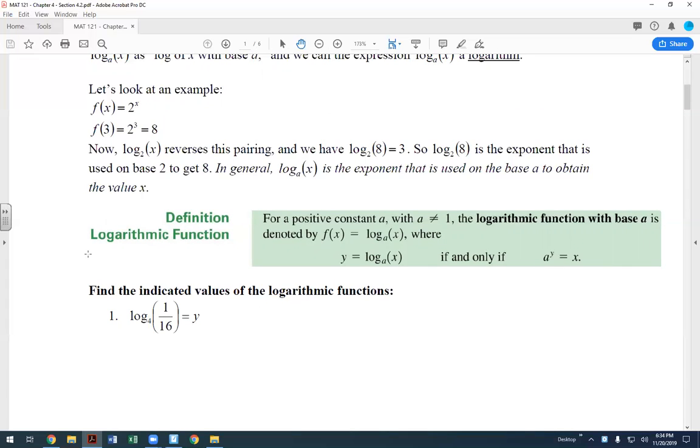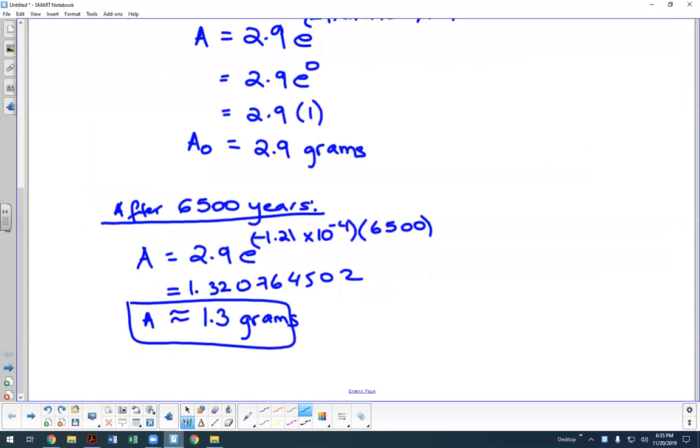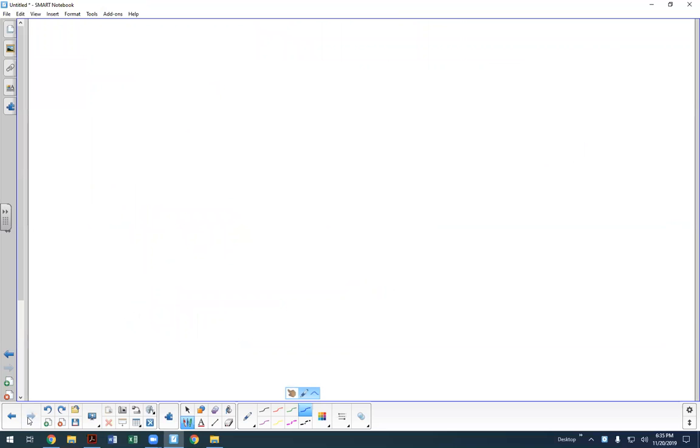Okay, so let's go ahead and see how we can solve logarithmic equations like this one here. They are giving us log of 1/16 with base 4 equals y, and of course we're trying to find what that answer for y will be. So let's take a look. How do we find that y?